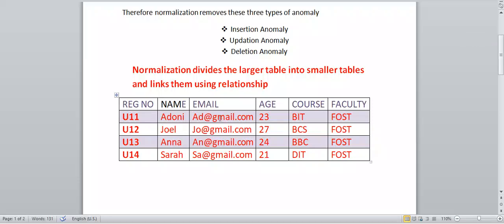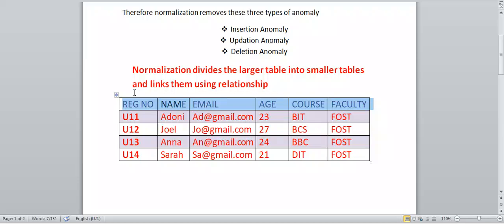Therefore, this is our table, and as we have said, normalization divides the larger table into small tables and links them. Therefore, this is a very big table before normalization. So at the end of the day, after normalization, you realize that this big table is divided into small tables.